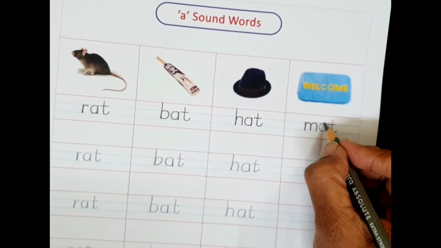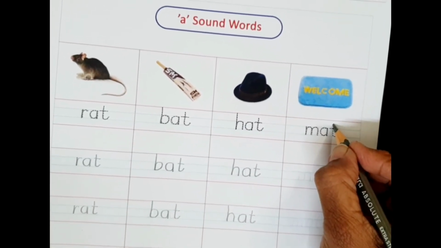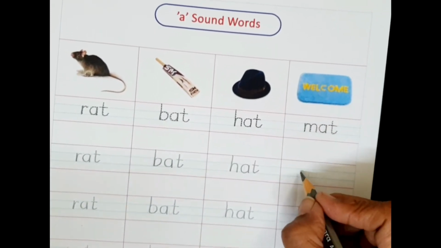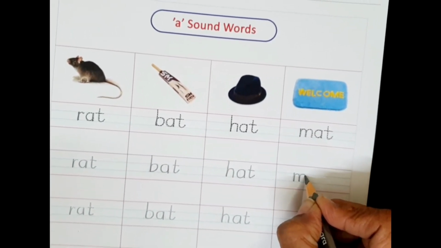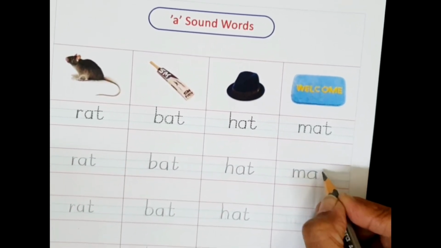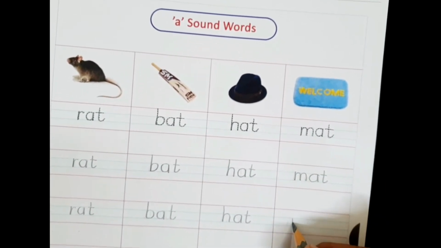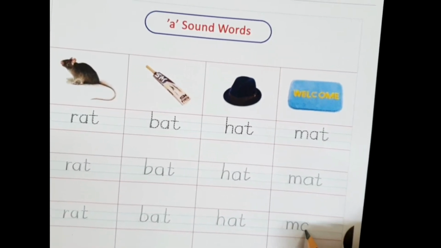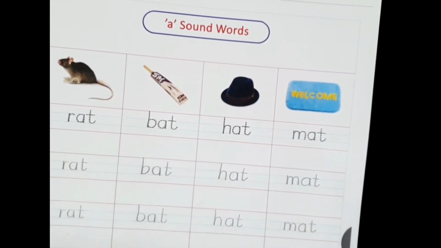M, C curve, go up and come down. A, standing line and a turn. T, M-A-T, mat. M says ma, A says a, T says ta, ma a ta, mat. M, A, T, mat.